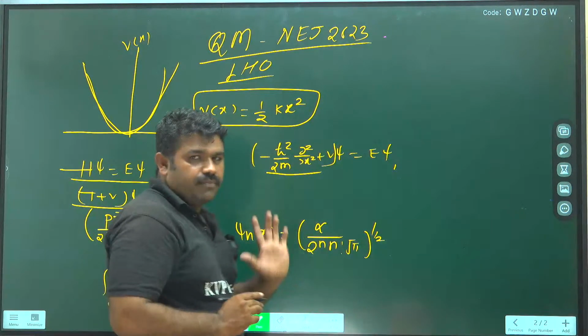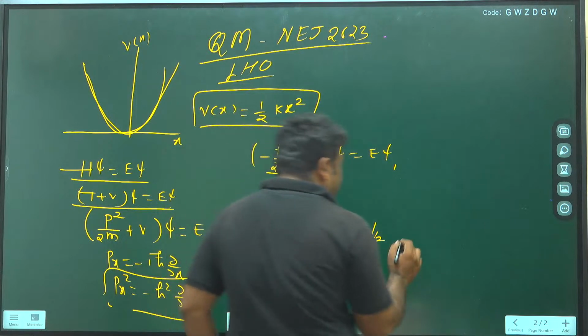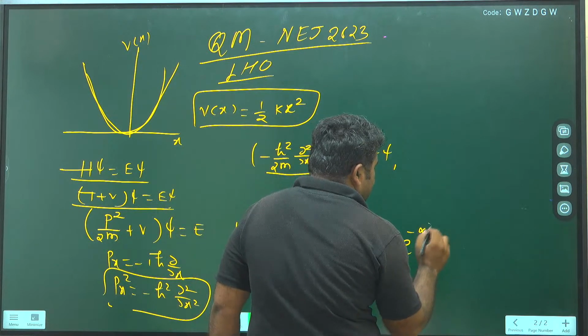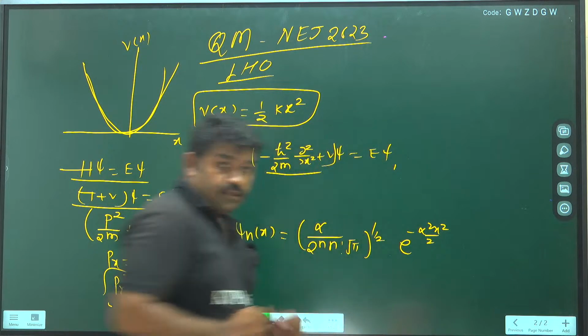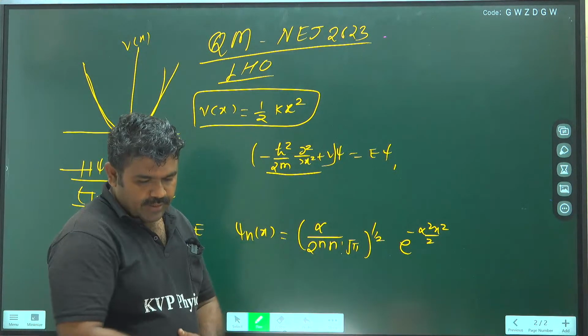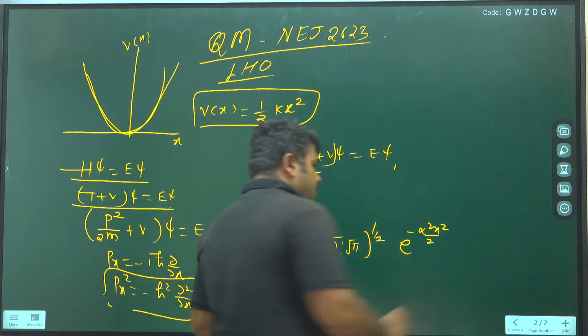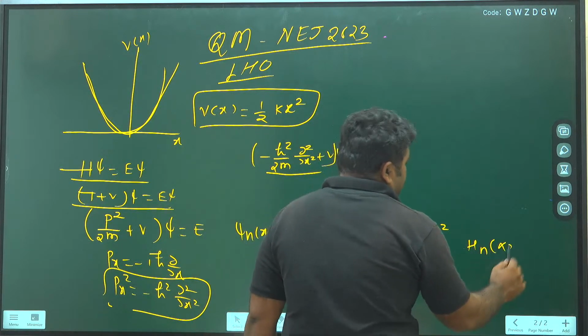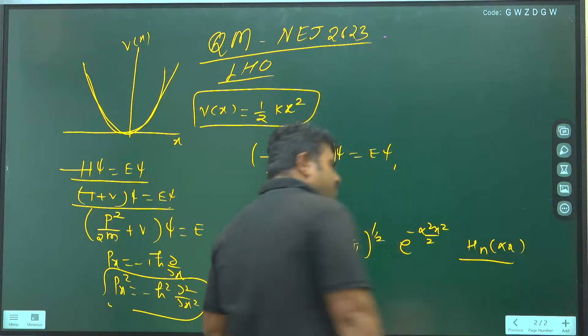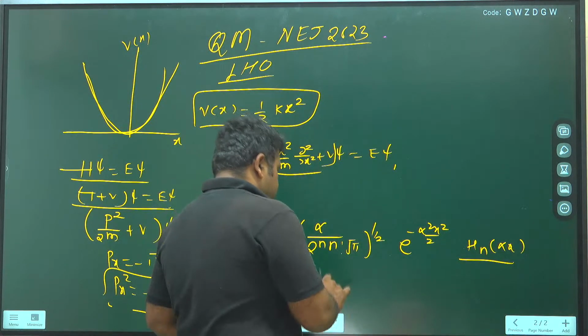This is the constant part, into e to the power minus alpha squared x squared upon 2. This is the Gaussian nature actually. And then Hn of alpha x.